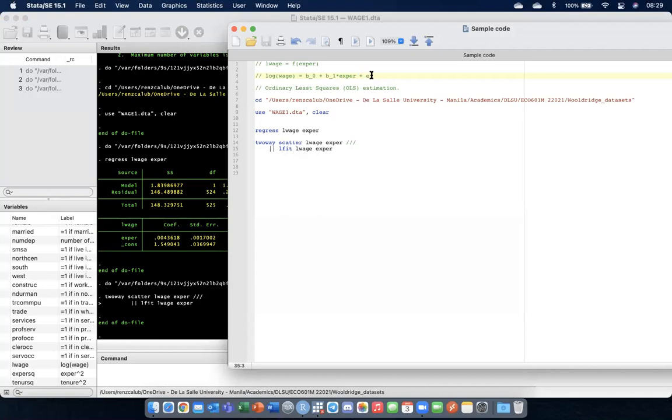The fifth assumption is homoskedasticity, right? It just means that the variance of the error term conditional on the regressor must be constant. In other words, as experience increases, the variability of the error term must not change.